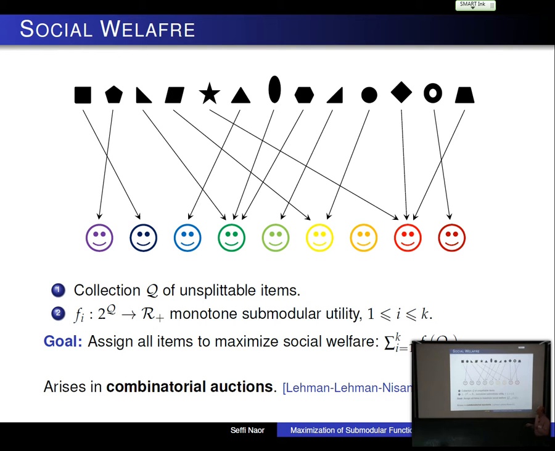Typically, it's a monotone submodular function. The social welfare, given an allocation of the items to the agents, is just the sum of the valuations of the agents. The goal is to assign the items to the agents so as to maximize the social welfare.